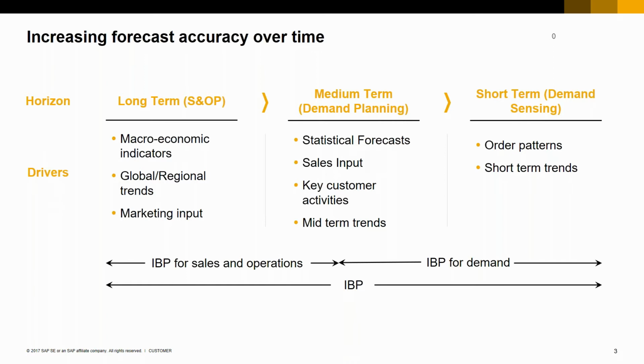From a general SAP integrated business planning perspective, we can handle all of these things. You also tend to move from the left side, S&OP, which is more judgmental forecasting with different people's input, all the way to the right side, which is very mathematical and hands-off forecasting.